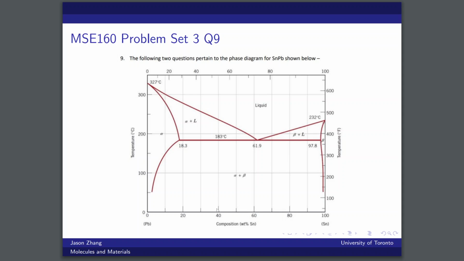On the x-axis, you see the composition with respect to the weight percentage of tin, and the y-axis is simply the temperature. So you have all these different phases, for example alpha, alpha plus beta, alpha plus L, or plus liquid, liquid, beta plus liquid, and beta.